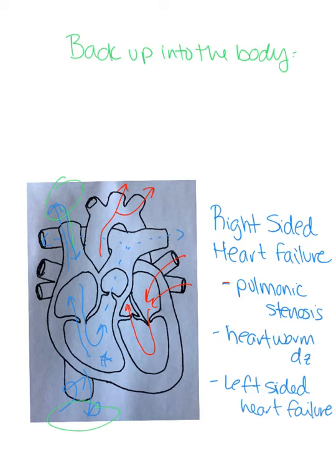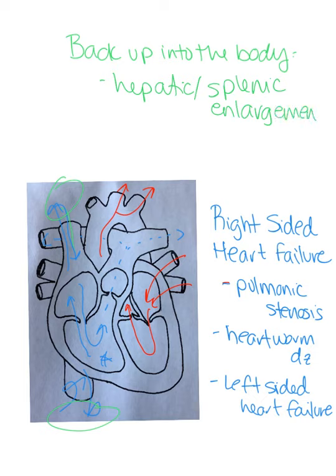So some of the clinical signs you're going to see in your patients if they have right-sided heart failure: too much blood in the body, not quite enough going out to the lungs. So you're going to start to see some hepatic and splenic enlargements. Those two organs specifically, because they harbor a lot of blood. They are great storage organs for our blood. So if there's too much blood in the body, the spleen and the liver start to get big.